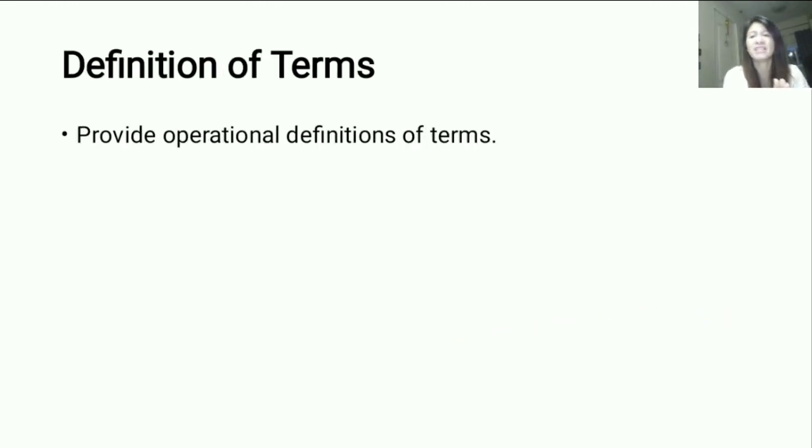The last part is the definition of terms. The terms to be defined here should be defined operationally, meaning you will not get definitions from dictionaries or search engines. Instead, you craft your definition according to how the term will be used in the study. So you call that operational definition of terms.